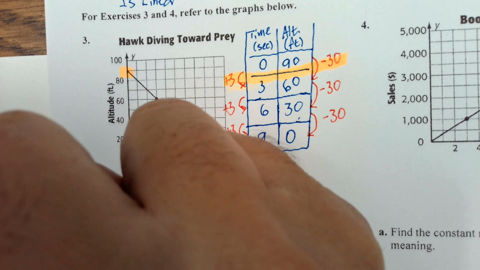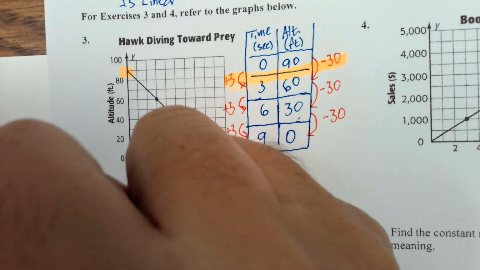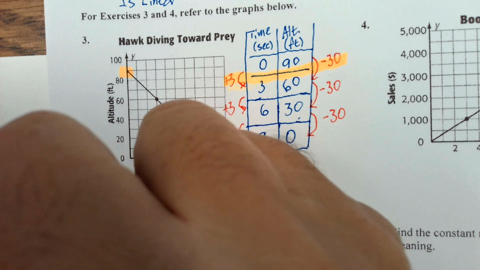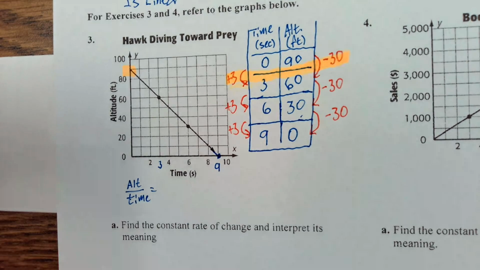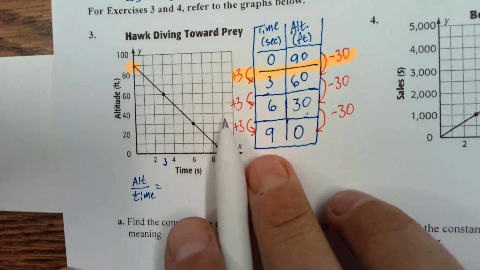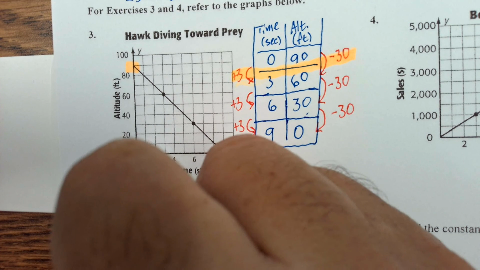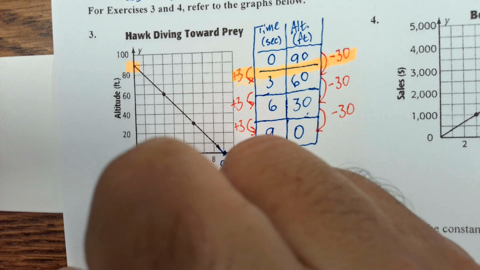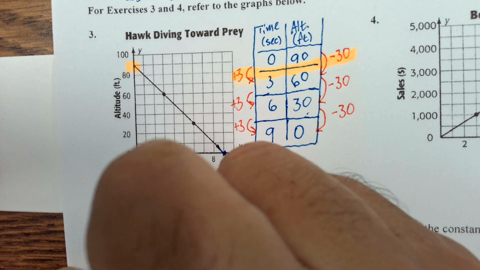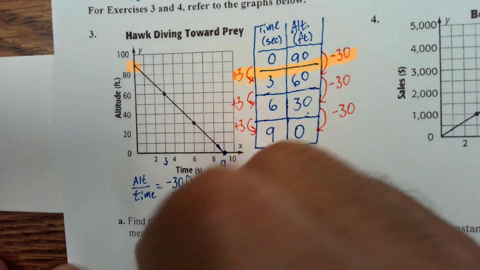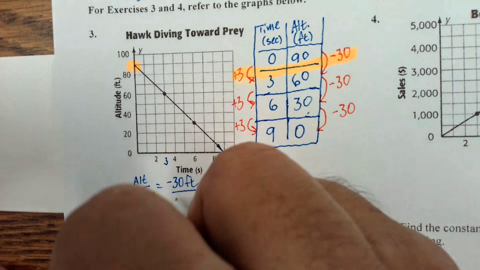Let's set this up. Our altitude difference was negative 30 feet. Question, what does that negative tell me? Are we increasing or dropping? Yeah, we're decreasing. We're going down 30. And then it's 3 seconds.